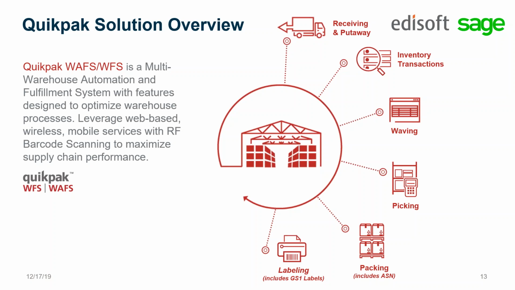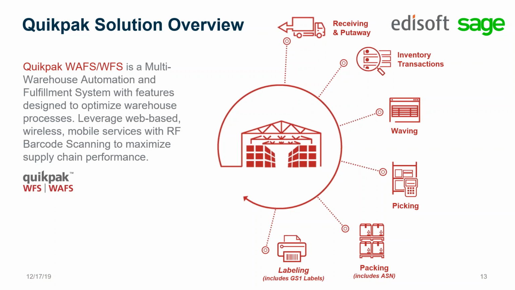This is a solution for your warehouse that covers the key functionality related to receiving, or what we would call inbound processes, outbound processes related to fulfillment, as well as what we might call internal processes related to inventory management. Being able to replace a physical inventory count with a cycle count using barcode scanners, which again will be updating Sage 300 in real time to provide that reconciliation for quarter or year-end financial processes.